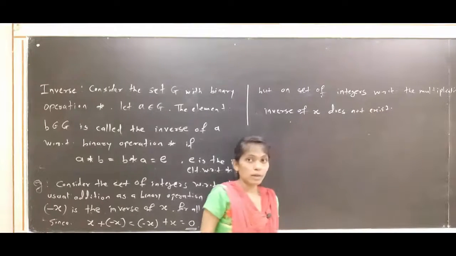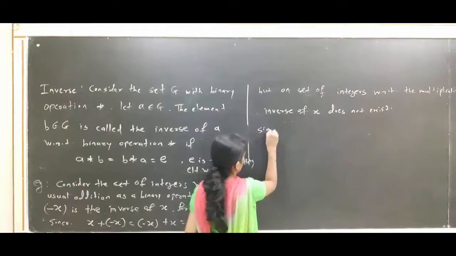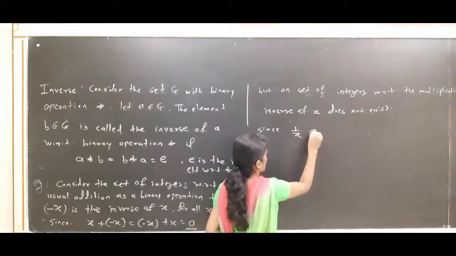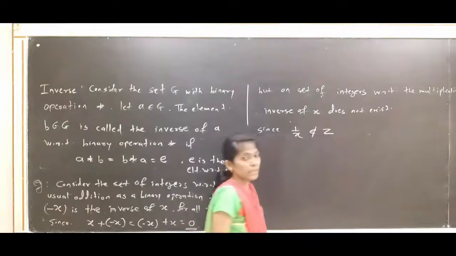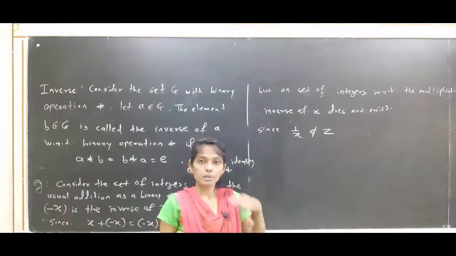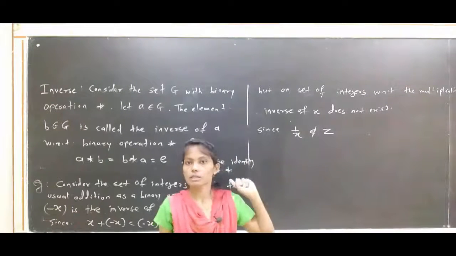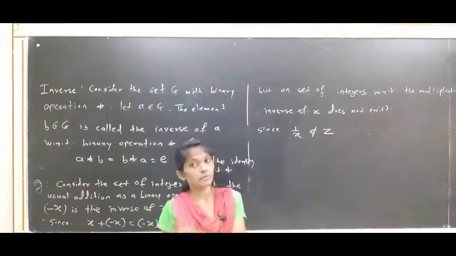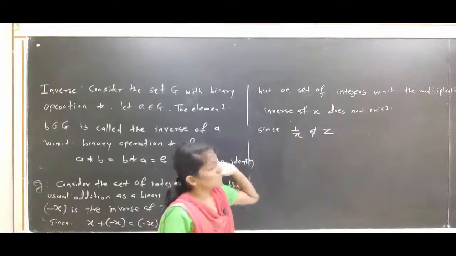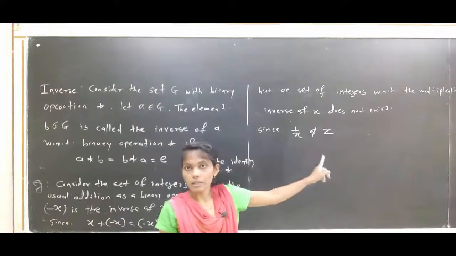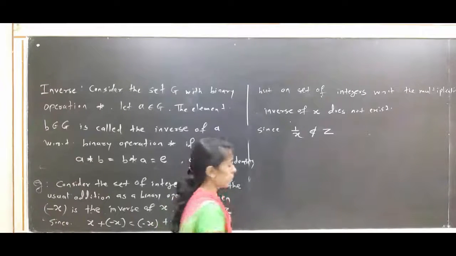Inverse of x does not exist since 1 by x does not belongs to the set of integers. Now here, instead of set of integers, if we consider the set of real numbers without 0, then the inverse element is 1 by x with respect to the multiplication.